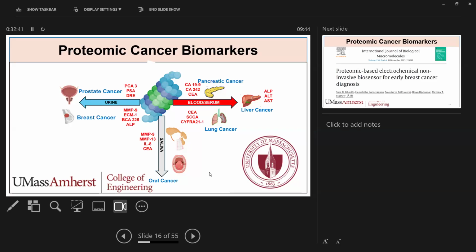Even nowadays, the conventional blood test uses proteomic biomarkers in diagnosis. And then prostate cancer, and pancreatic cancer, CA99, CA24, all these are proteins or enzymes present at abnormal levels when there is a chance of cancer, right?